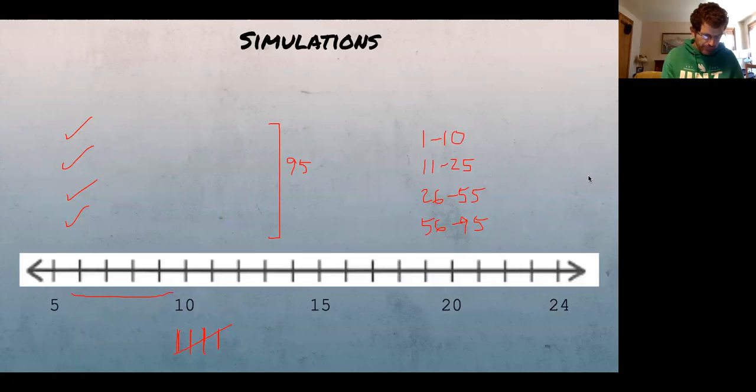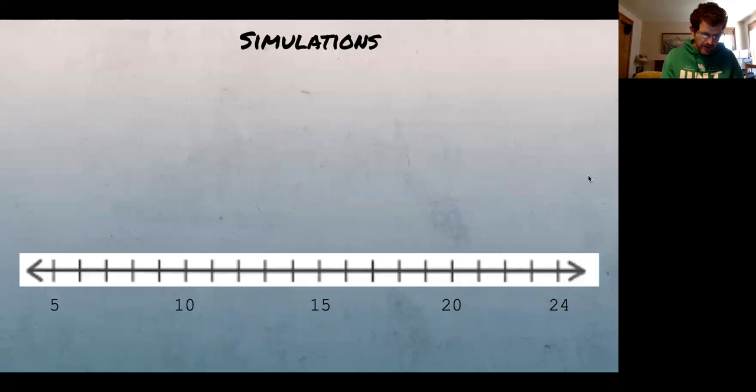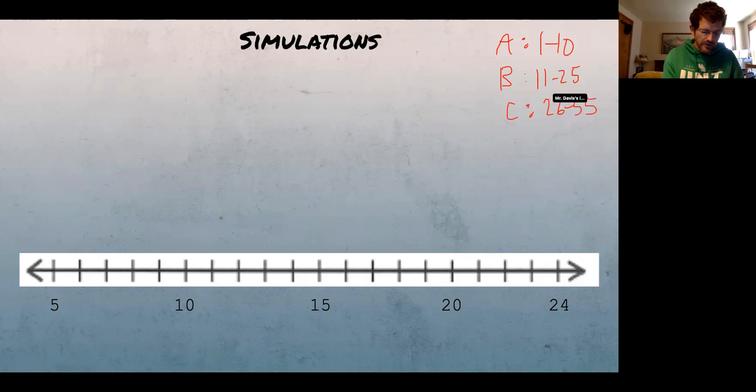And I will clear this. I will add these numbers back up: 1 to 10, 11 to 25. This is 26 to 55, just so you can remember the numbers. And D is going to be from 56 to 95.